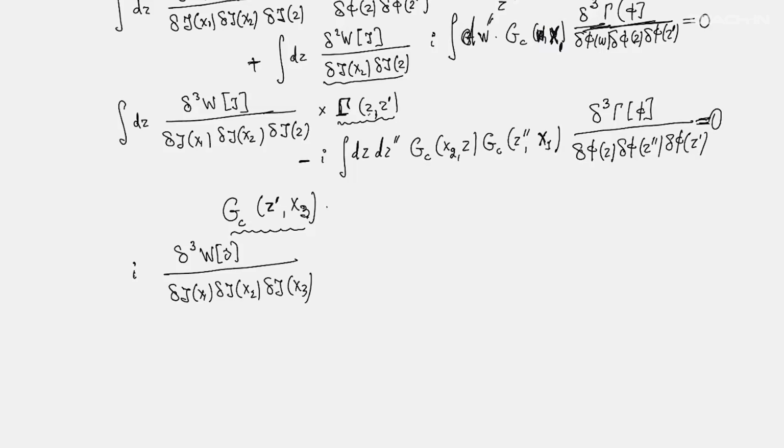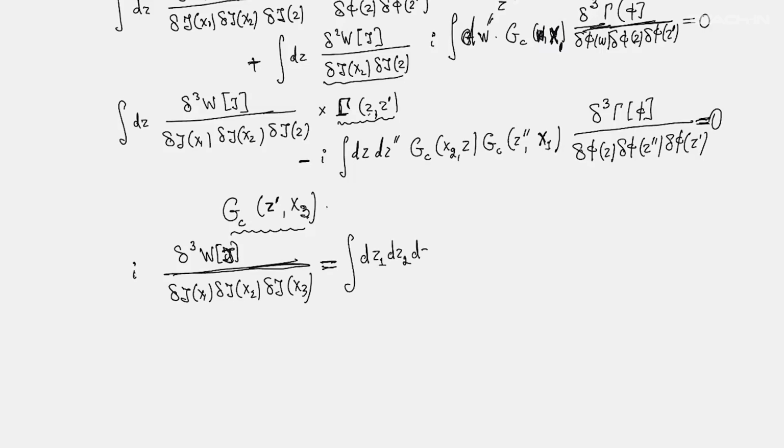And on the right-hand side, what do we get? I multiply the whole expression by one more Green's function depending on z prime, x3. And so there will now be on the right-hand side a triple integral. z prime and z double prime I can now denote as dz1, dz2, dz3 for the symmetry.